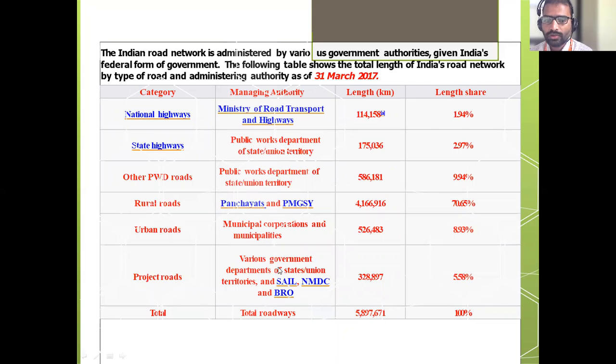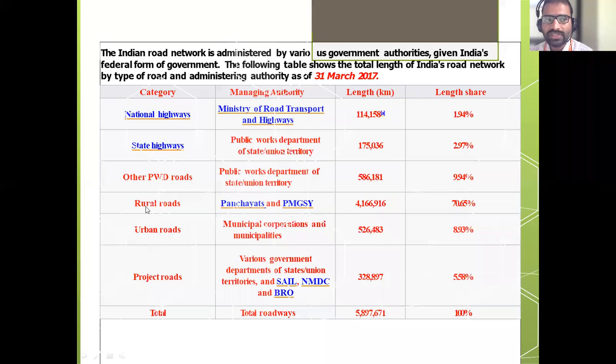Then project roads, of various government departments of the state or union territories like SAIL, NMDC, and BRO, that is Border Roads Organisation. These are the project roads, at 5.58%. When you calculate, the total road length is 58 lakh 97,671 kilometers in India presently, which is 100%.